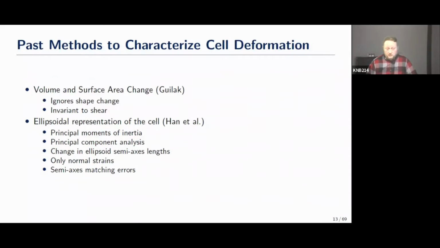The state of the art prior to this work was to approximate the cell shape as an ellipsoid through various techniques. The most popular of these is looking at the principal moments of the inertia tensor, and an equivalent ellipsoid that reflects that inertial tensor. Essentially you get ellipsoidal lengths, and you can look at the change in the lengths of those ellipsoid axes and calculate sort of normal strains from those.